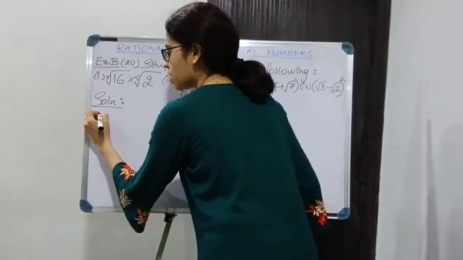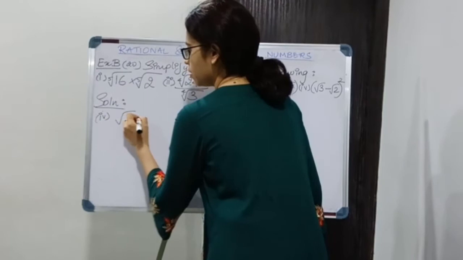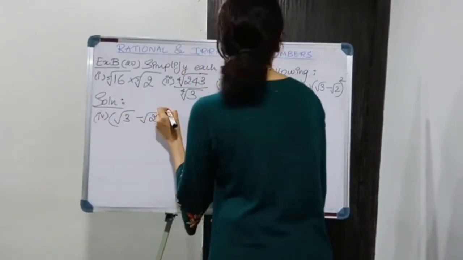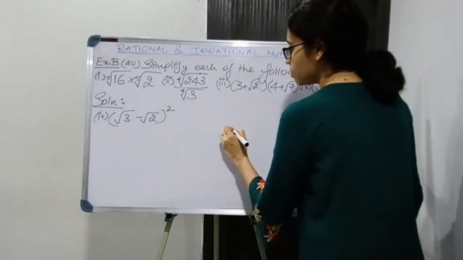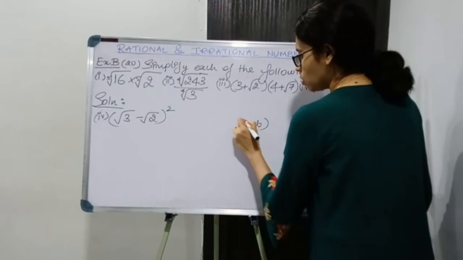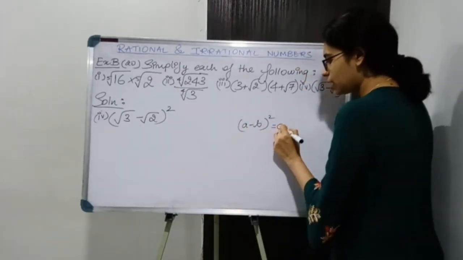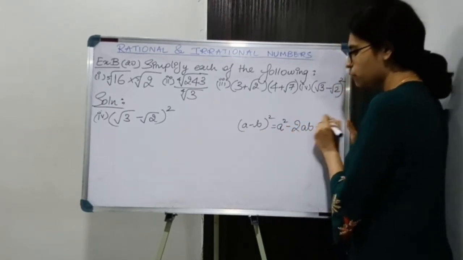Moving on to the last part of the question. Root 3 minus root 2 the whole square. Now this is of the form a minus b the whole square. When I expand it, it's going to be a square minus 2ab plus b square.